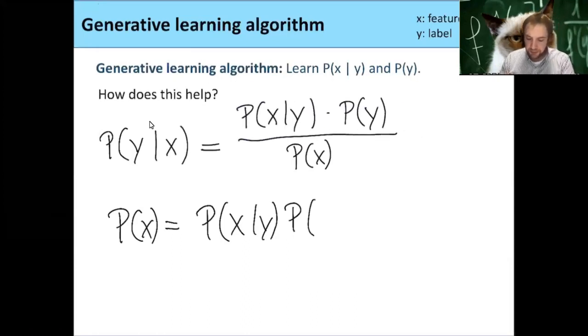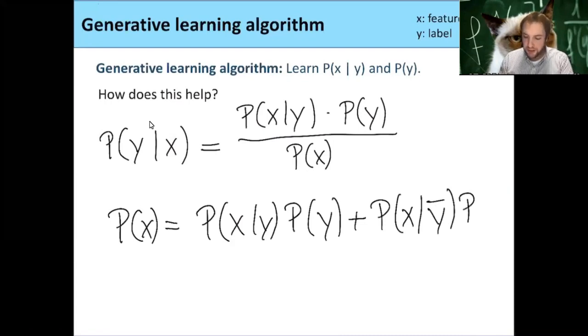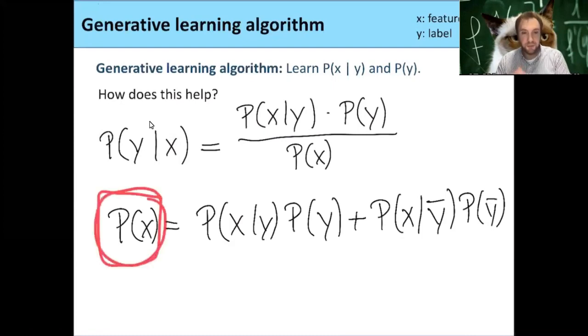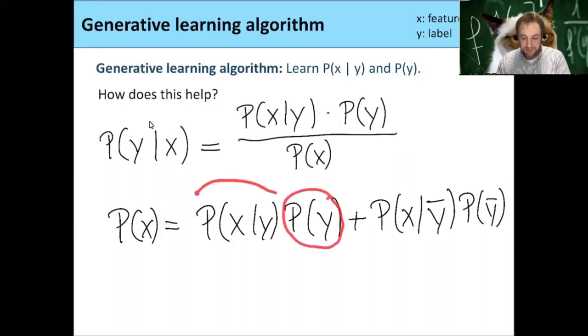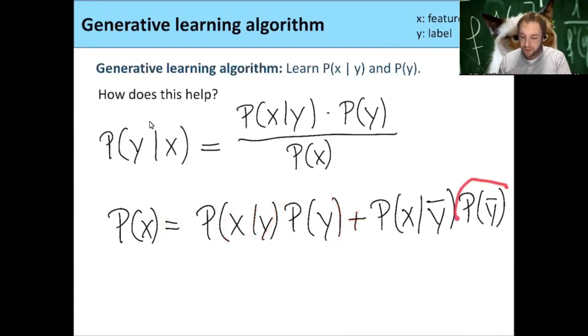So the probability that y occurred plus the probability of x under the assumption that y did not occur, times the probability that y did not occur. Right? So the probability of x is the probability of y times the probability of x assuming y, plus the probability of not y times the probability of x assuming not y. Is this formula clear?